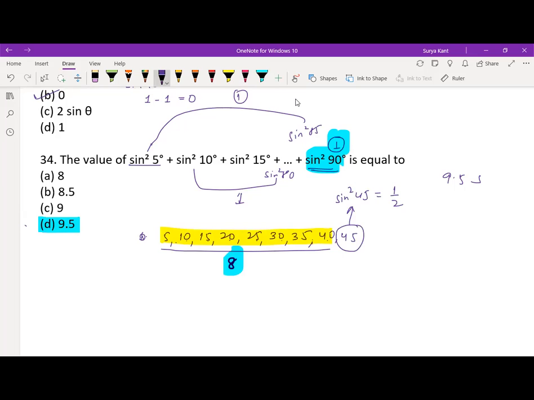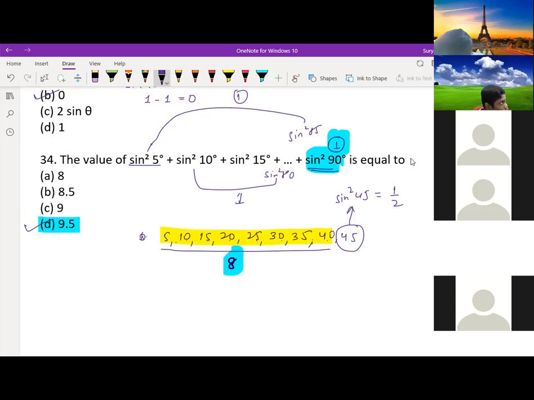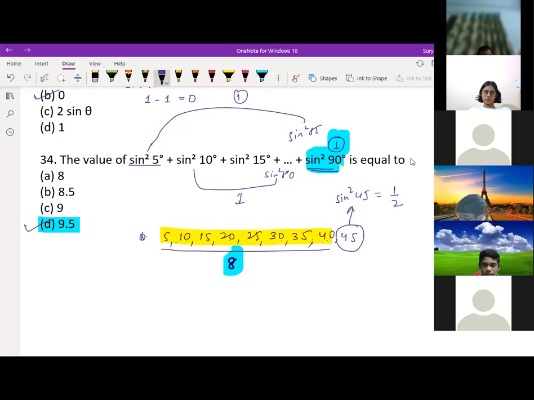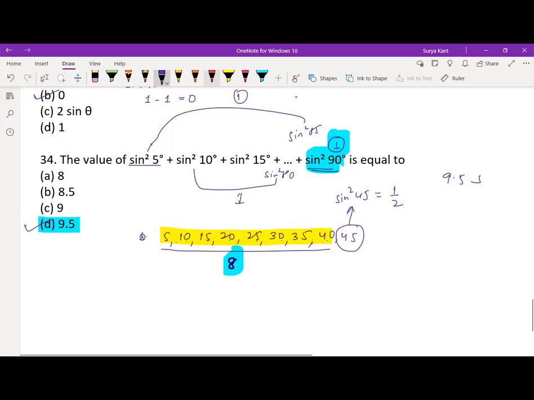How have you calculated, Samarth? Sir, I calculated the same, sir. Rasul, how have you calculated? I took the total number of multiples of 5 and divided it by 2, and then added. Okay, fine. Here 45 will come out separately and 90 will not be there, so from 5 to 80 only you should count.